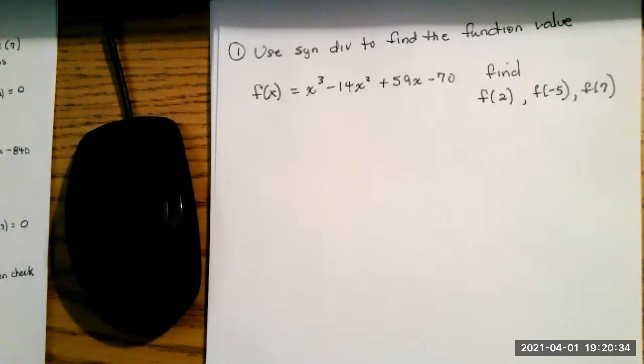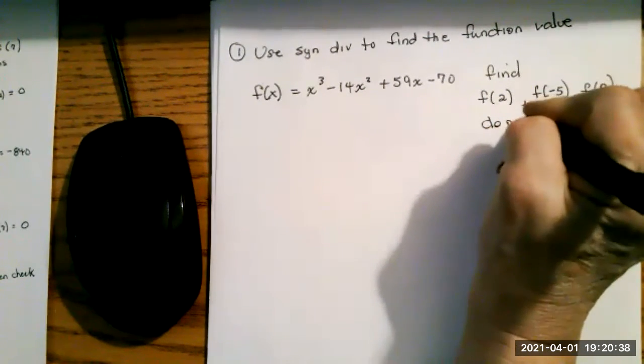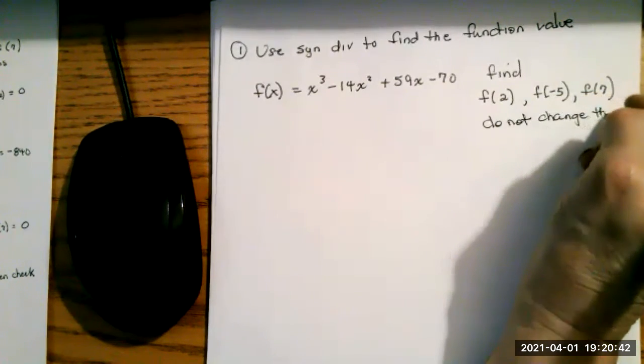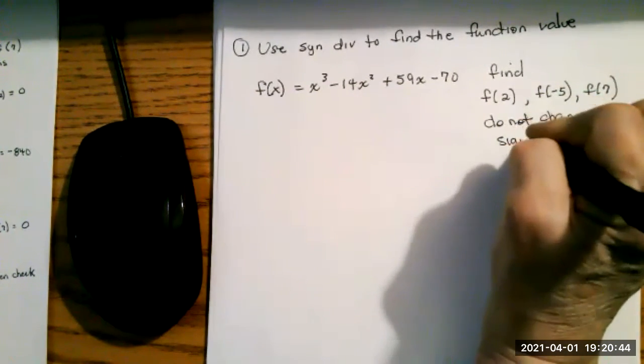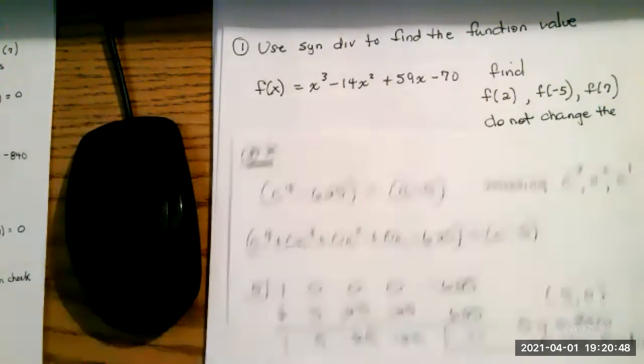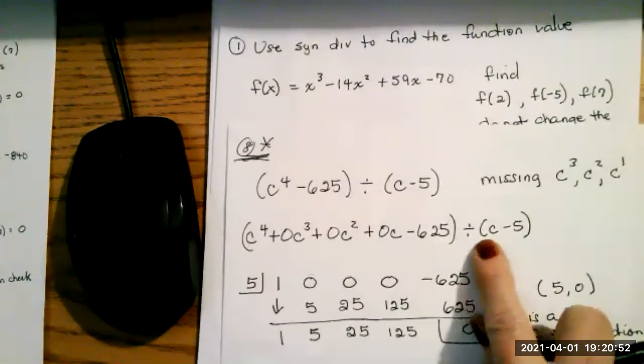When you're finding the function value, do not change the sign. We're so used to changing the sign because those were in the form x minus 5. See how the difference is in the way it's written?